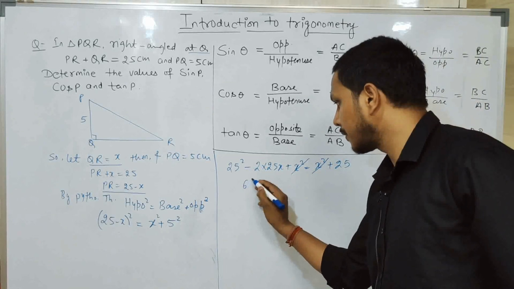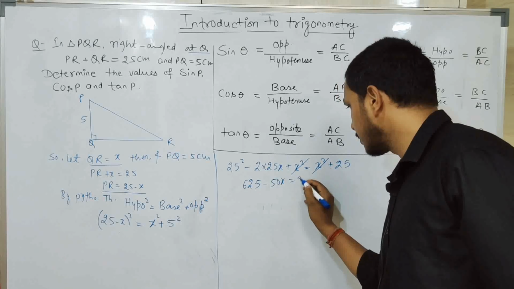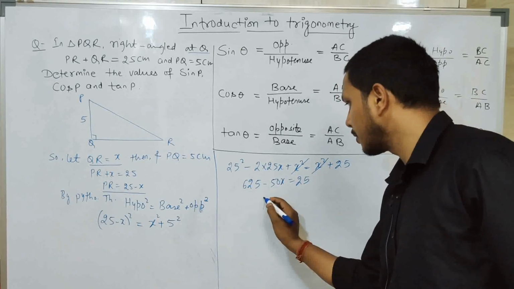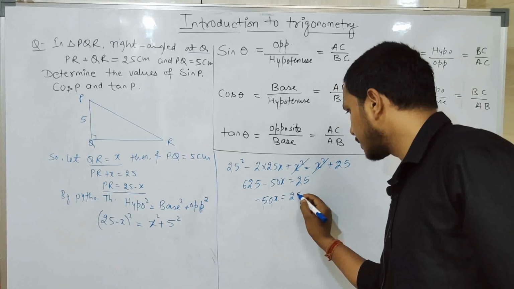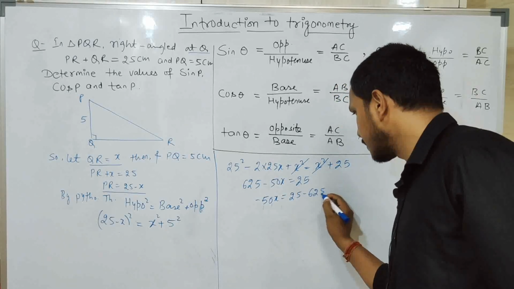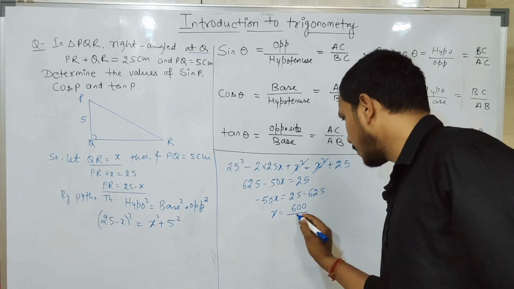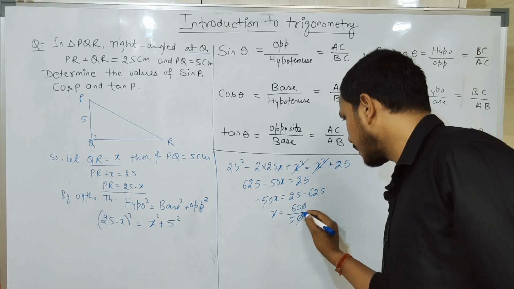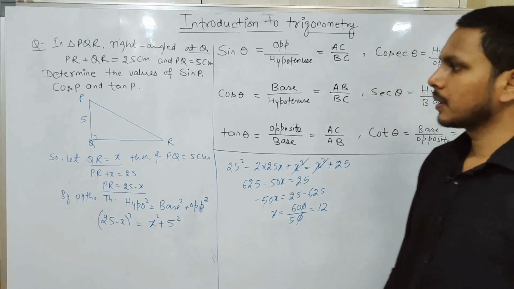Here 625 minus 50x equals to 25. Now 50x equals to 625 minus 25. So x equals 600 upon 50. You cancel, you'll get 12. You'll get x equals to 12.